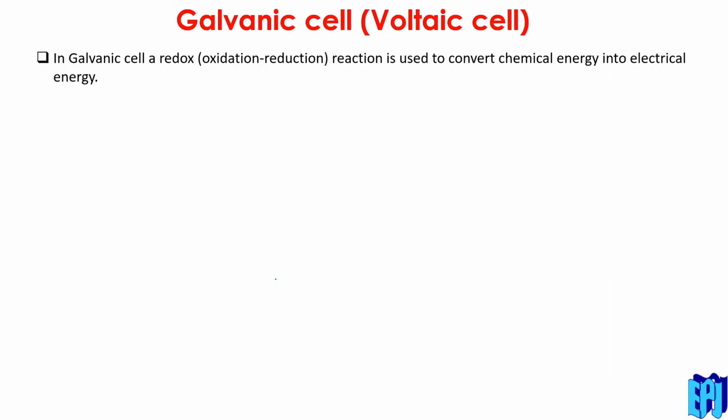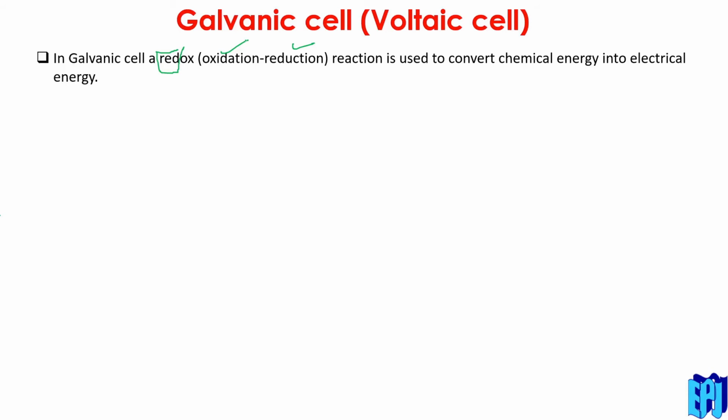Redox can be split like this: red plus ox. Red stands for reduction and ox stands for oxidation. If reduction and oxidation reactions take place simultaneously in a system, somewhere, we don't care, that type of system is known as redox system.